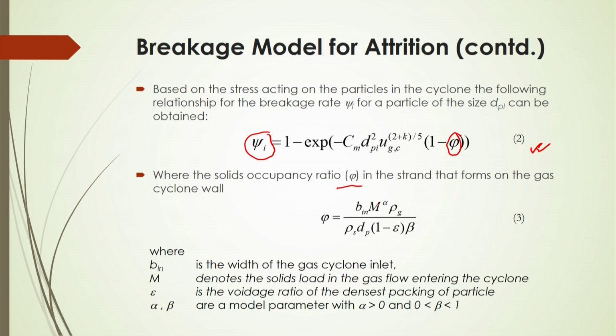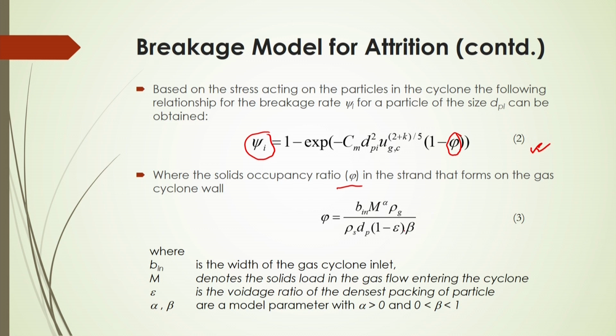So, B in is the width of the gas cyclone inlet, and m denotes the solid load in the gas flow entering the cyclone, and C is the voidage, you can say here, not C, this is epsilon.